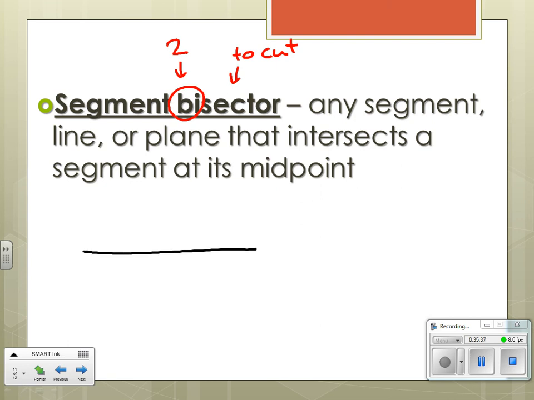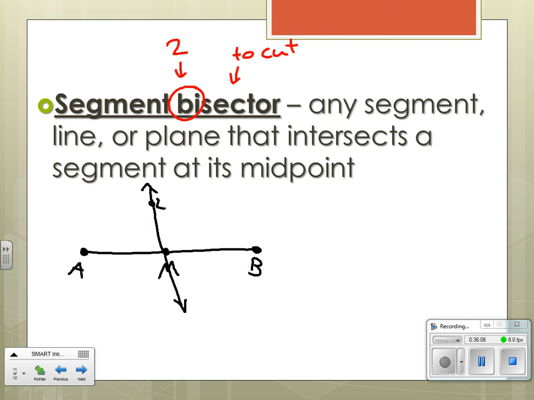Sketch a segment. So it's a segment, I've got my endpoints called A, B, and then try to put M as in the middle as you can. I'll just draw that.